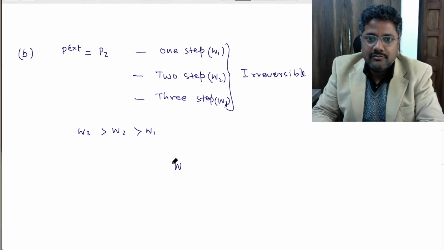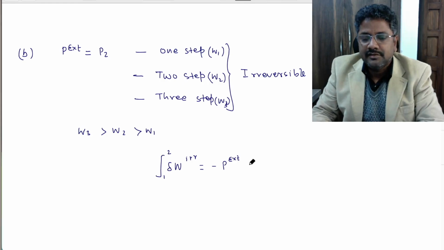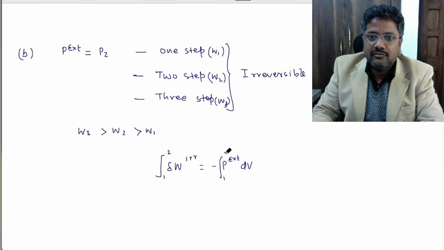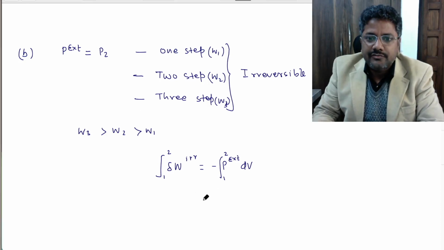Delta W irreversible from initial state to final state is equal to minus integral of P external dV from 1 to 2, and this P external is equal to P2, which is a constant. So you can write minus P2 times (V2 minus V1).